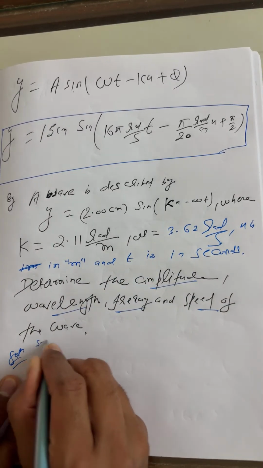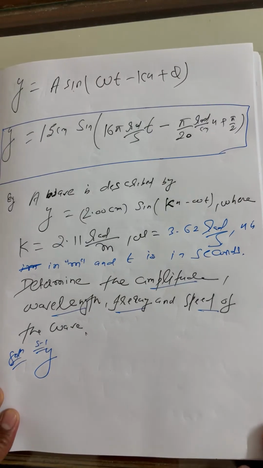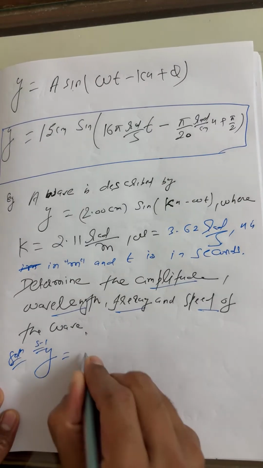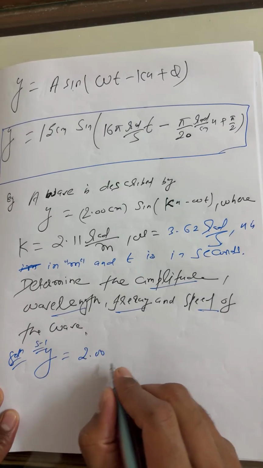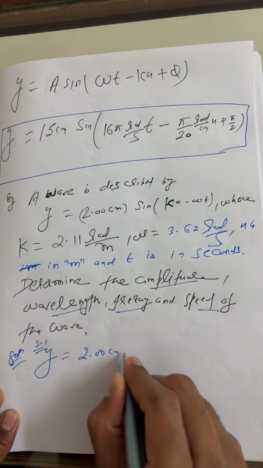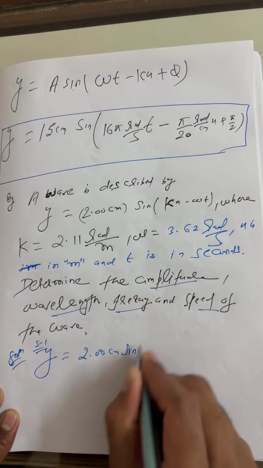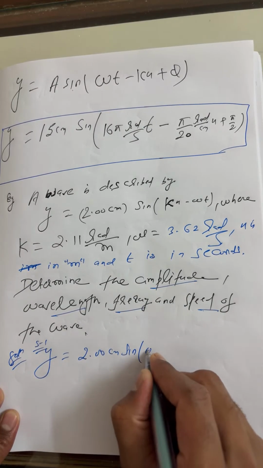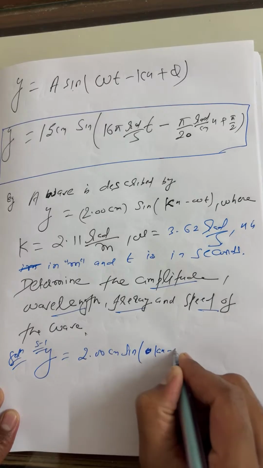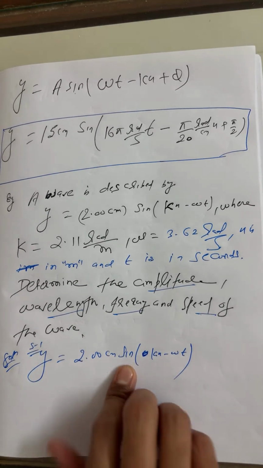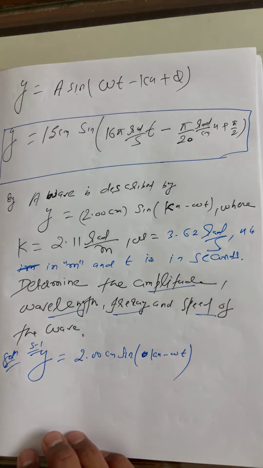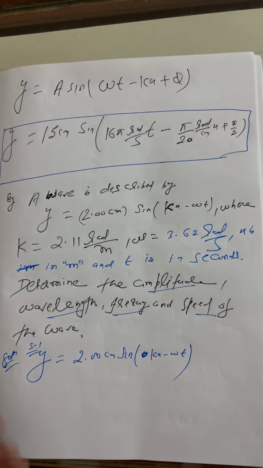In step one, y equals 2.00 centimeter sine of kx minus omega t. The data for k and omega is mentioned in the question.